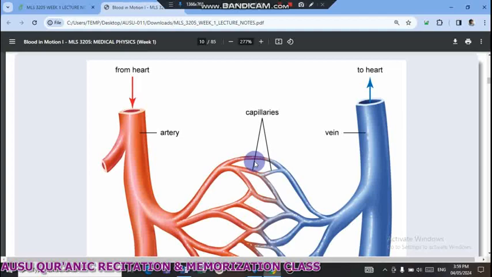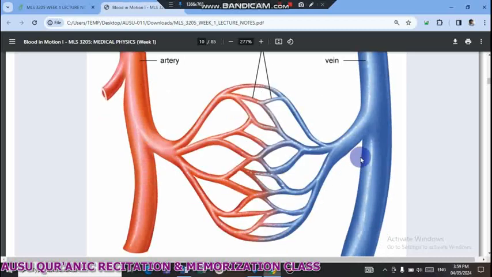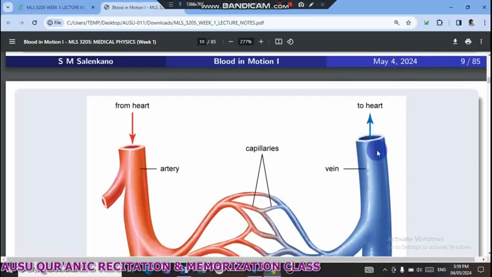And then you can see that in the capillaries the exchange of nutrients occurs until the blood has no more oxygen, no more nutrient, so you have blood without oxygen flowing through the vein. This is the branch of vein and is called venule, and then it goes to the vein here and then goes back to the heart.